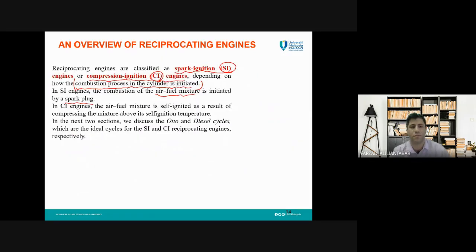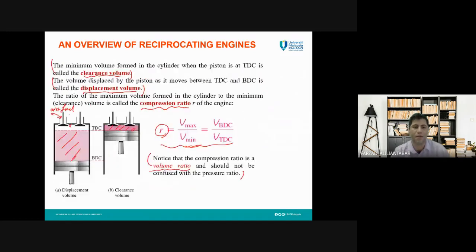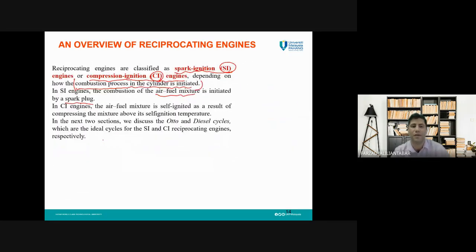So we have an air-fuel mixture coming into the system, and we also have a spark plug here to start the combustion reaction. This is the important thing about the SI engine. But as I said, in the CI engine, the air-fuel mixture is self-ignited due to the high temperature and pressure inside the cylinder, which is the topic of the next session.